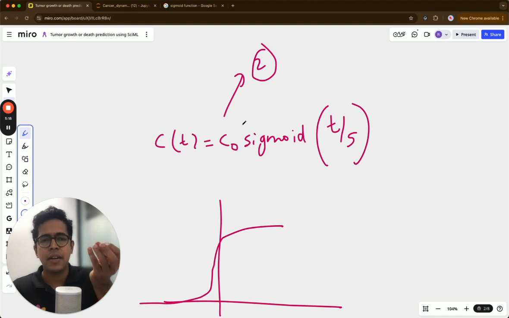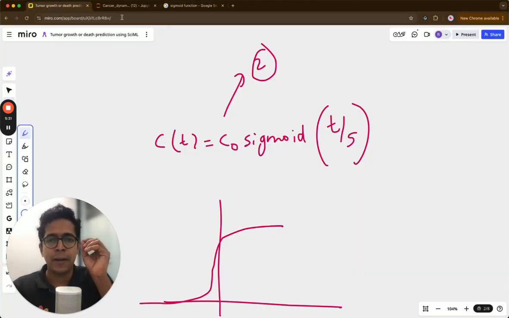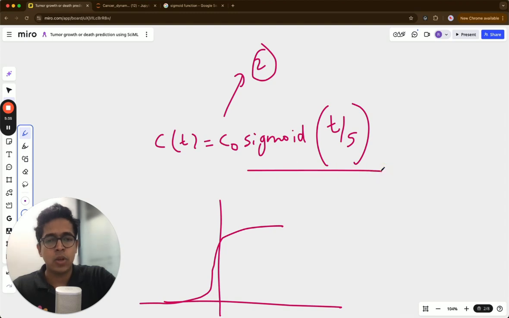You are going to start from a small number. Let's say t starts from 0. Sigmoid of 0 is half, 0.5. So you are starting with half strength chemotherapy, which means C0 multiplied by 0.5. So instead of starting with a chemotherapy strength of 2, you will be starting with a strength of 1.